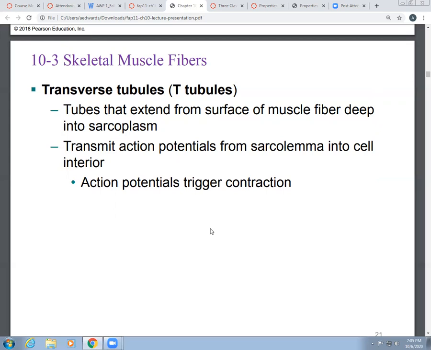So those action potentials get transmitted from that cell membrane, sarcolemma, into the interior of the cell. So action potentials trigger contraction. Okay, so that's just kind of a big principle. Okay, no action potential, no contraction.